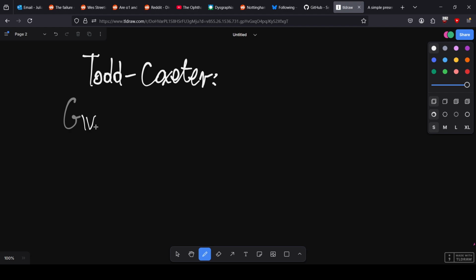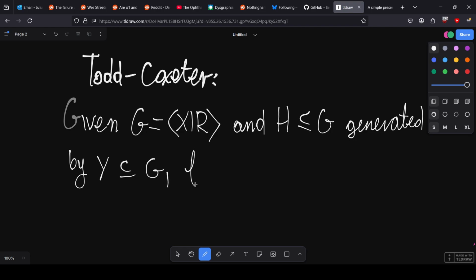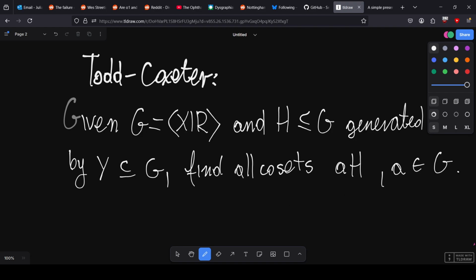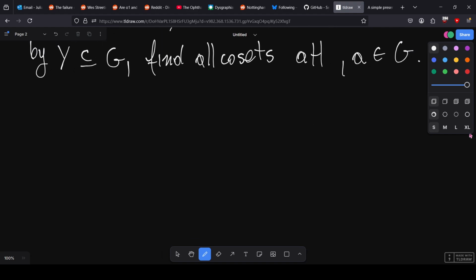Let's do this. The point is that given a group with generators X and relations R, and a subgroup H of G, generated by some Y, which is a subset of G, we want to find all cosets AH, where A is in G. The way we do this explicitly is by working in the symmetric group.